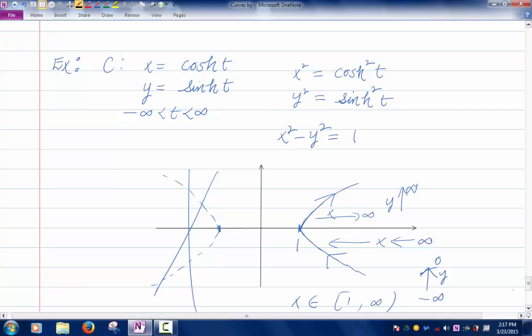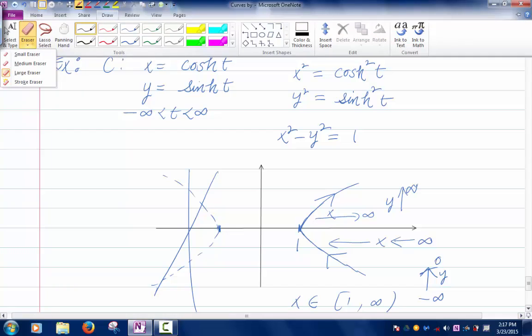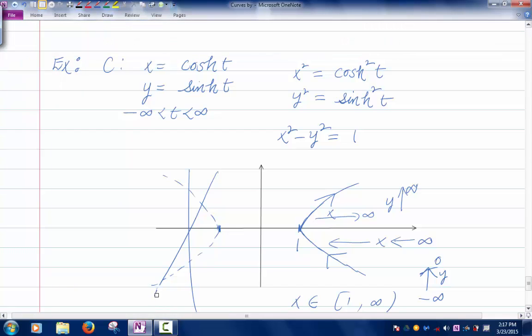Once again, the same question: what is the graph of the curve? And if you know the graph, what's the orientation of the curve? Is everybody okay? Let me delete something here. I guess you have seen this already, but doesn't matter.